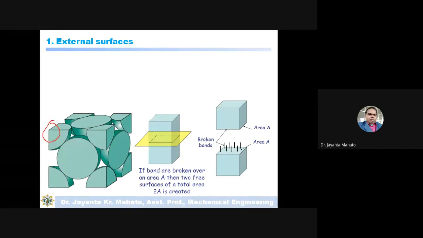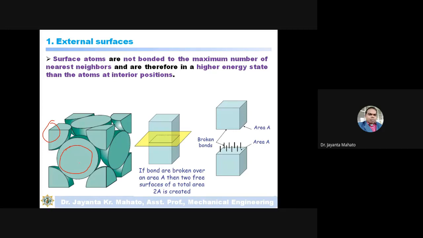The bonding energy between the corner atoms is more compared to the surface atoms. Okay, so these surface atoms are not bonded to the maximum number of nearest neighbors and are therefore at a higher energy state than the atoms in interior positions.